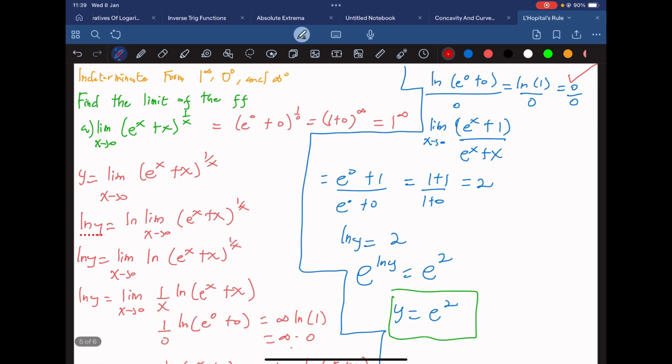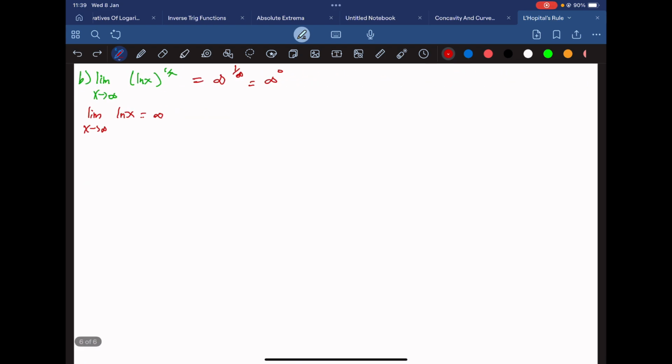So remember, whenever you have this indeterminate form, we represent everything by y. So we represent the whole expression by y. Then after doing that, add natural log to both sides.